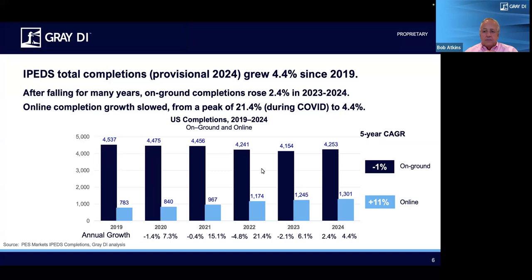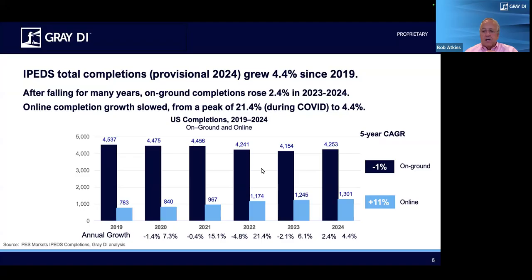And on the on-ground side, completions are actually declining from 2019 through 2023. So it's very good news to see them bounce back a little bit in 2024. 2.4% isn't all that exciting, but it's a heck of a lot better than the decline. So we're seeing growth in both online and on ground.